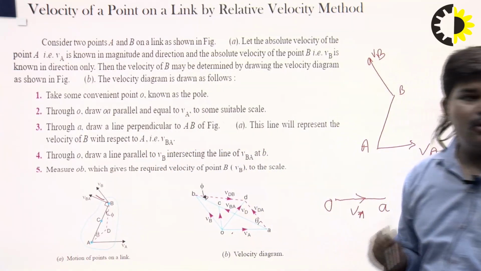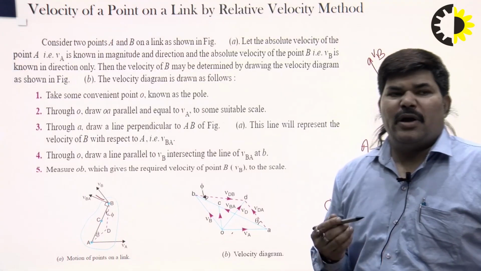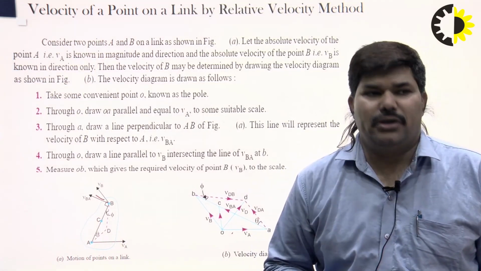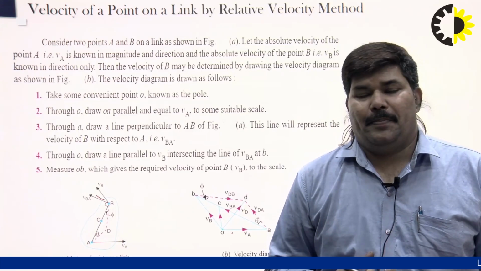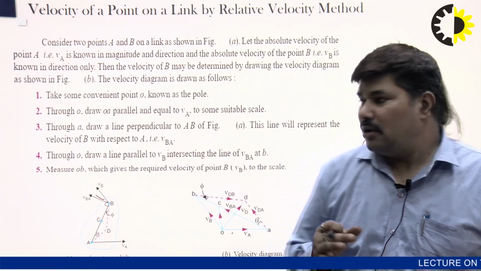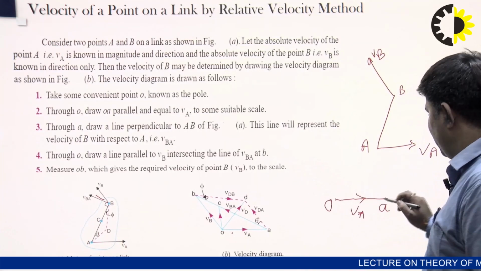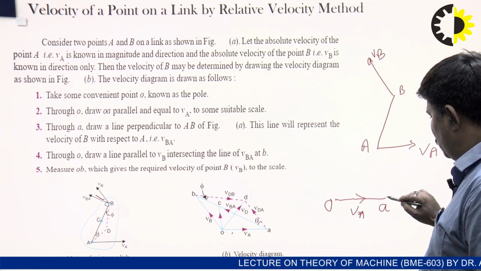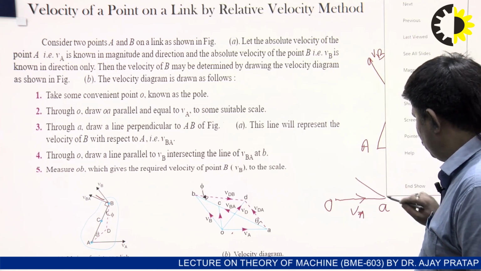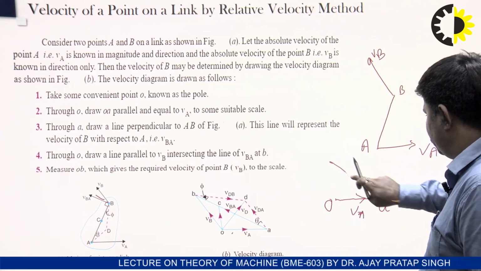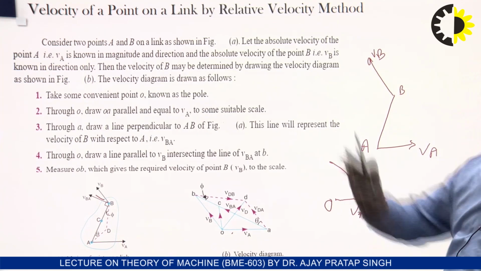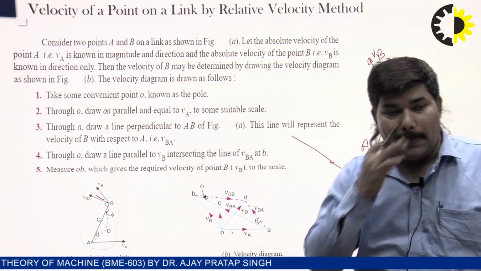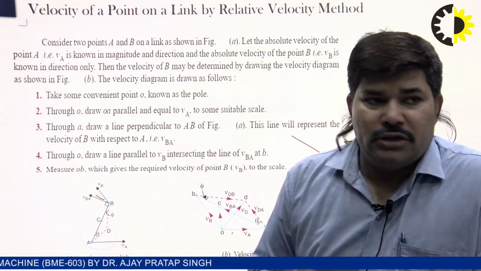Through A, draw a line perpendicular to link AB, and this line will represent the velocity of B with respect to A. But the perpendicular to this link may be in the upward or downward direction, I don't know.